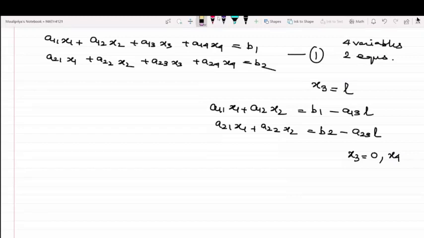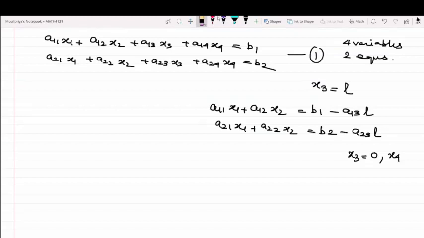So this requires that 2 variables be assigned different values. In the previous case, if the number of variables was 1 more than the number of equations, then 1 variable would have been assigned a value. But what if we have 2 variables more than the number of equations? Then both of the variables need to be assigned certain values.